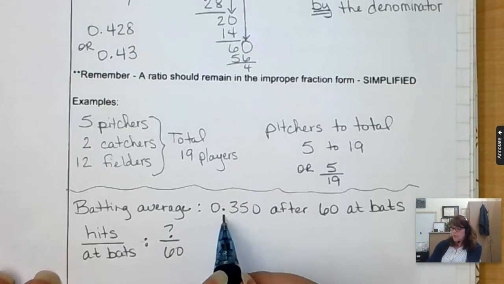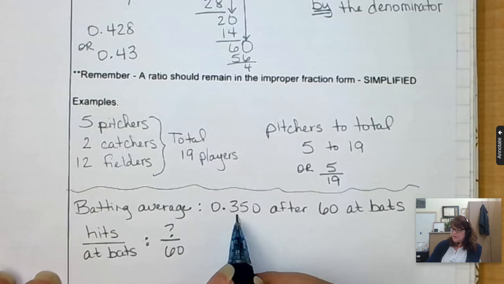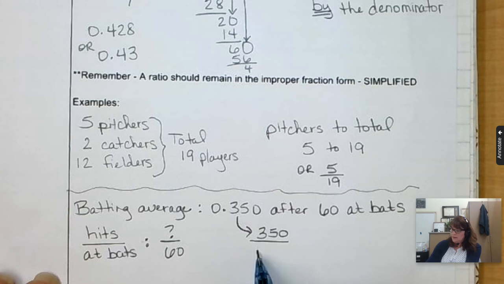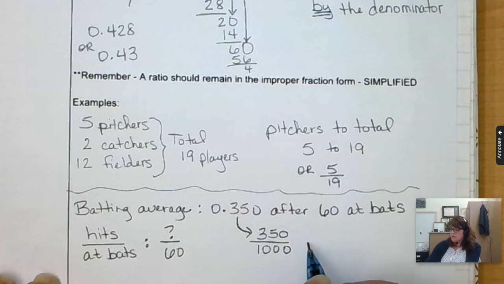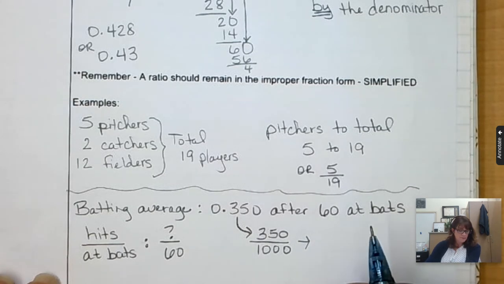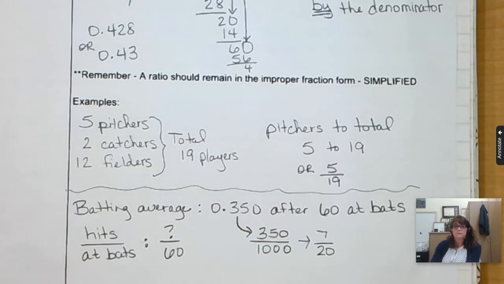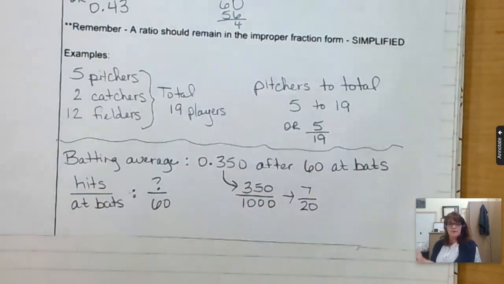We also know that based on this decimal, 350 out of 1,000 hits for at bats, which simplifies to 7/20. So now I can compare. I'm going to use all the rest of my page for this one.